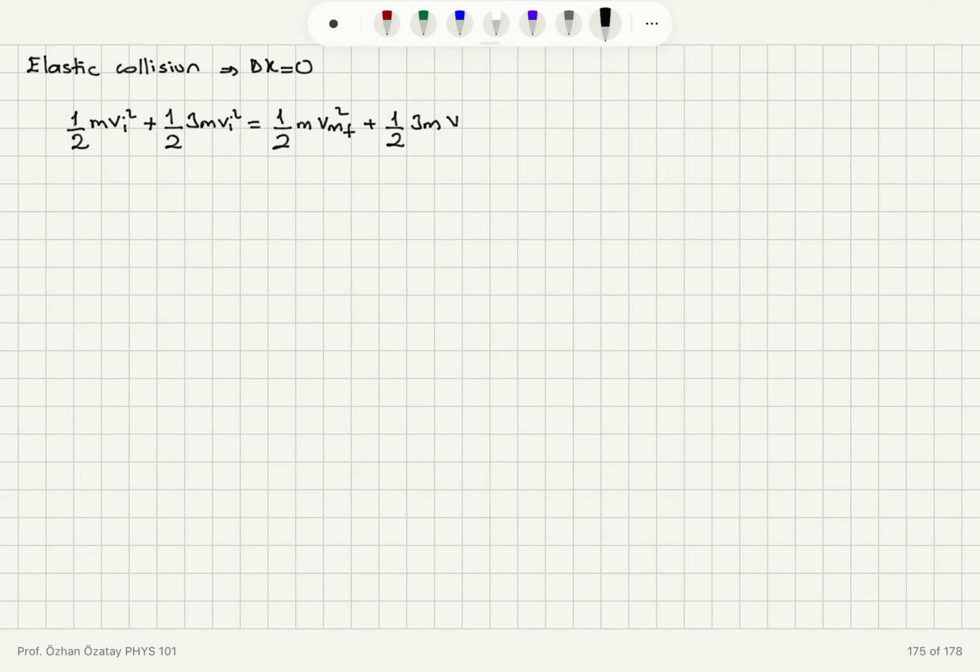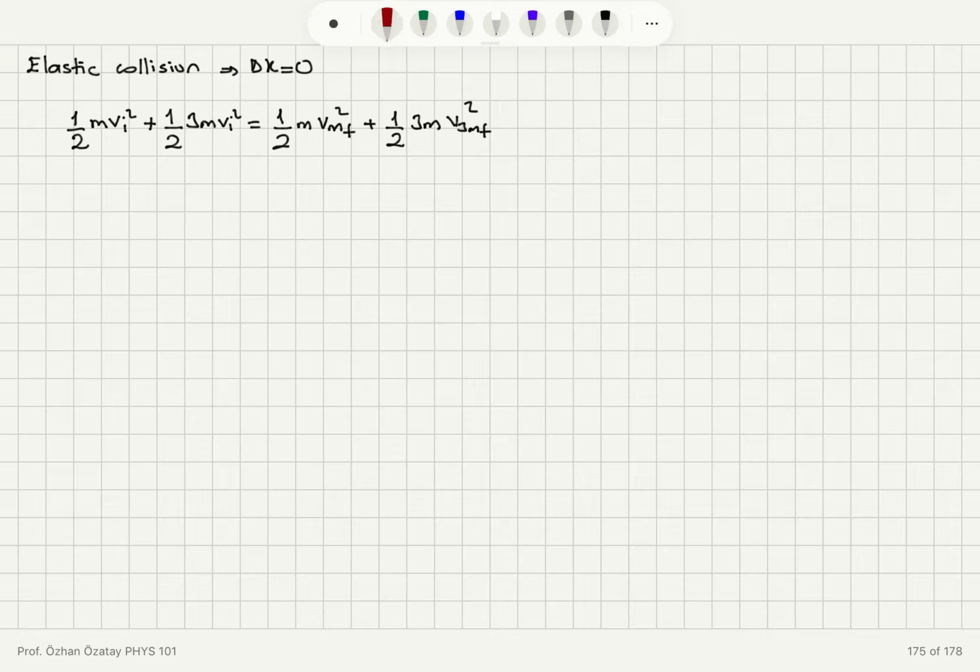Now this is an elastic collision. So I note here that this is an elastic collision. The change in kinetic energy must be equal to 0. Initial kinetic energy 1 over 2 m v initial squared plus 1 over 2 3m v initial squared is 1 over 2 m vm final squared plus 1 over 2 3m v3m final squared.